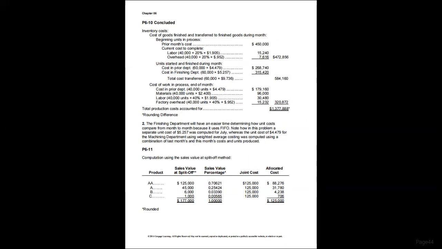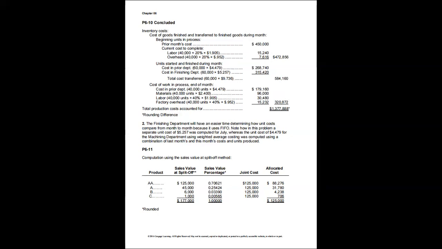Okay, so the finishing department will have an easier time determining how unit costs compare from month to month because it uses FIFO. Note how in this problem a separate unit cost of 5.257 was computed for July 1, whereas the unit cost of 4.4794 in the machining department, using weighted average costing, was computed using a combination of last month's and this month's cost and units produced.